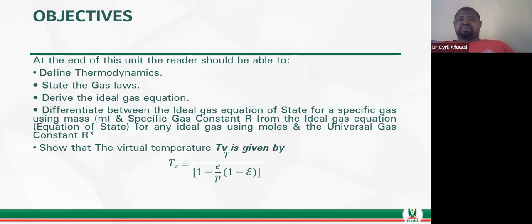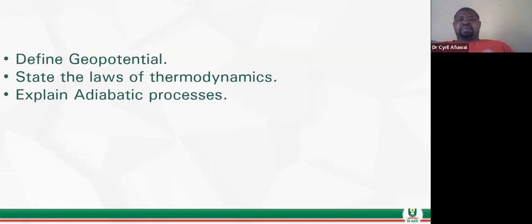You should also be able to show that the virtual temperature T subscript V is given by the equation shown there. Define geopotential.